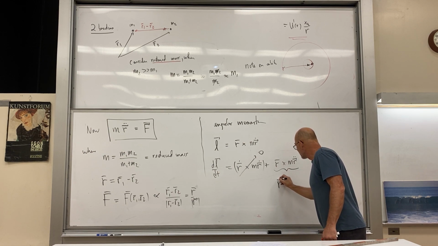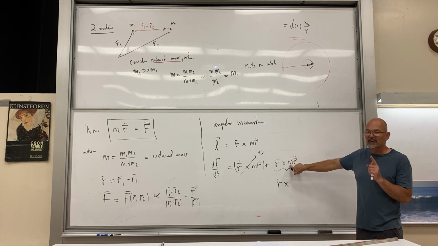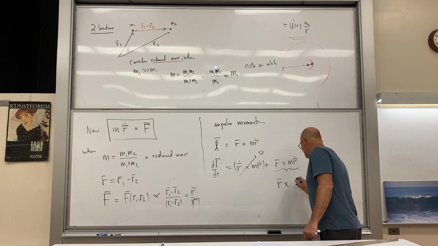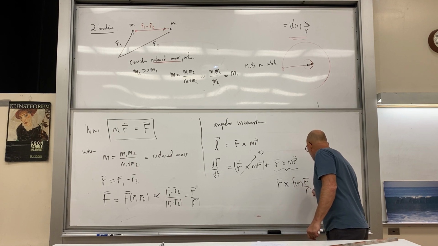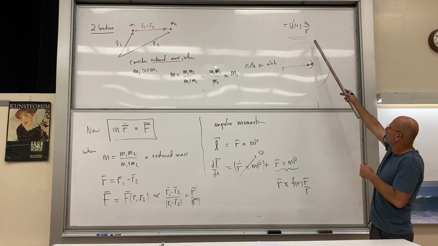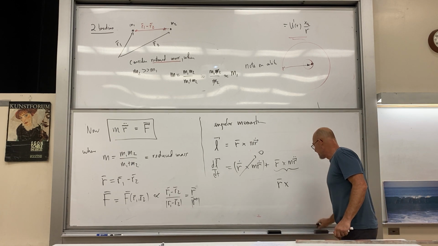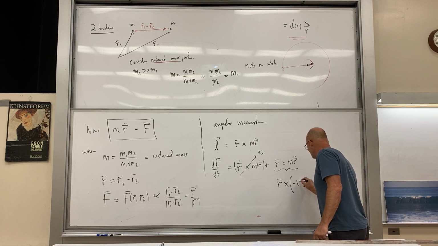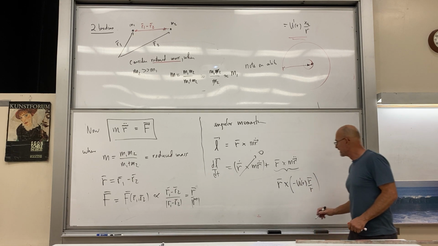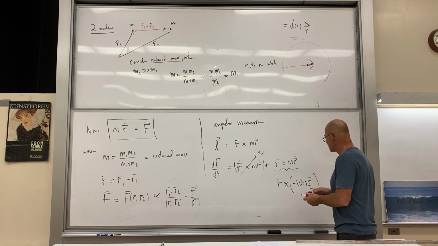We have R cross M R second derivative, but we had a central force. So F of R, R over R, that's the form for a central force, just like our U prime of R, R over R. In fact, I could write minus U prime of R, R divided by R. But this expression also has parallel vectors, so it also vanishes.